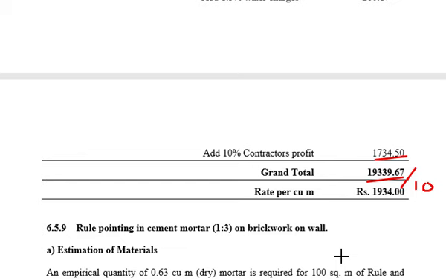So for how much quantity is this? That is for 10 cubic meter of random rubble masonry. The rate per cubic meter will be 1934.